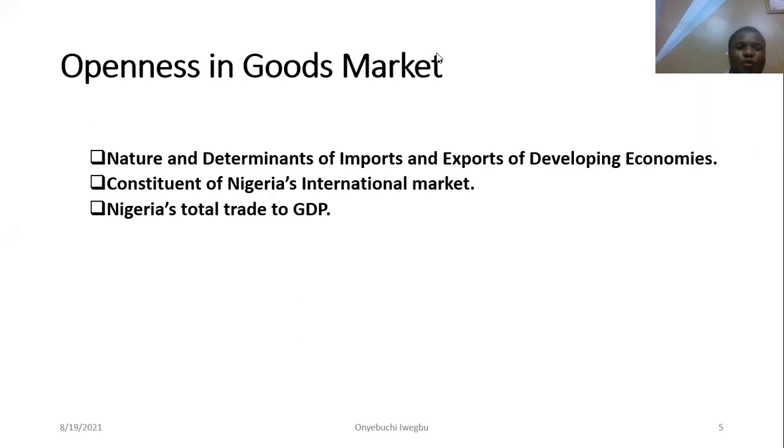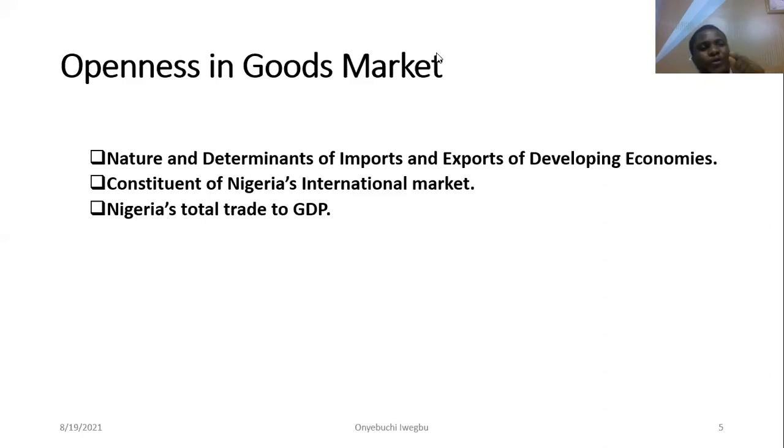Once we are considering openness in goods market, what we are talking about is imports and exports. That's it. Openness in goods market is the flow of goods, both inflow and outflow, and that is import and export. So what are the determinants of import and export? I don't need to ask what is import. I don't need to ask what is export. You should know all of that.